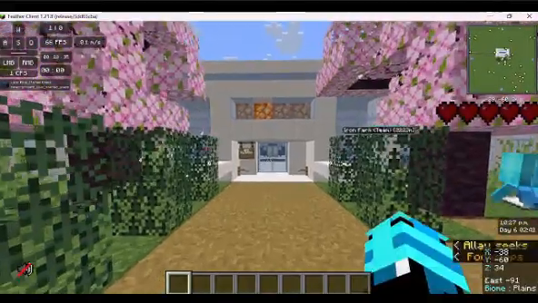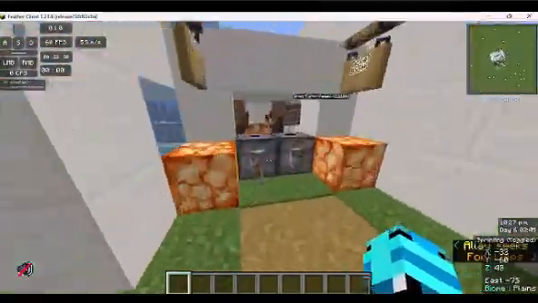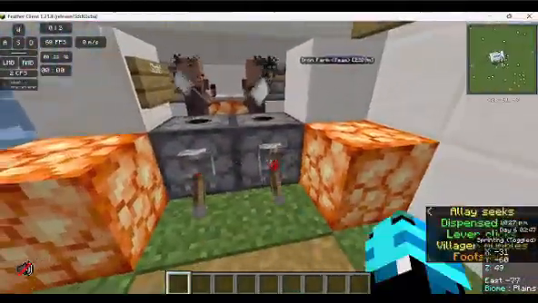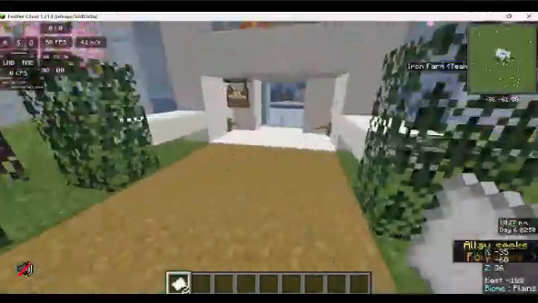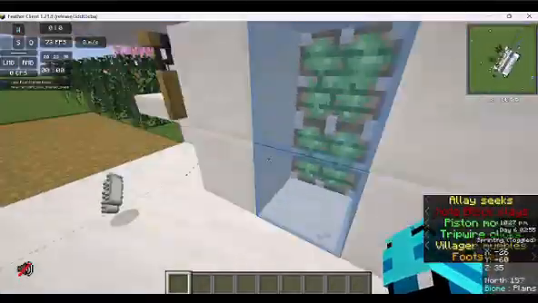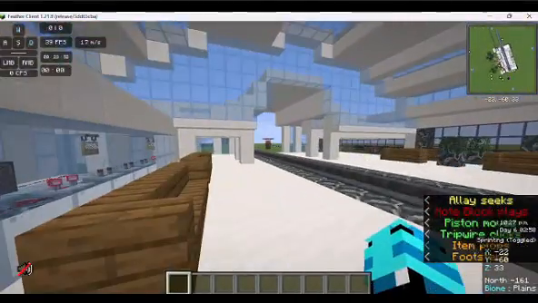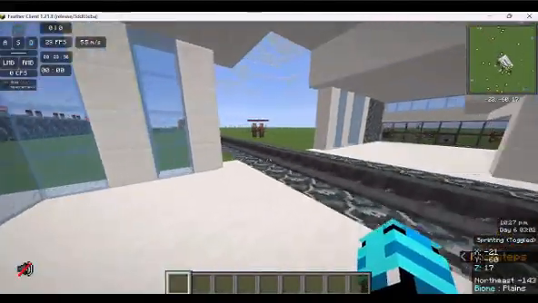Now I will show you the process of how the train actually arrives here. We walk down here, we take the ticket, and we put the ticket on the tripwire. The door opens, we walk through, and what's actually happening is these are getting powered.